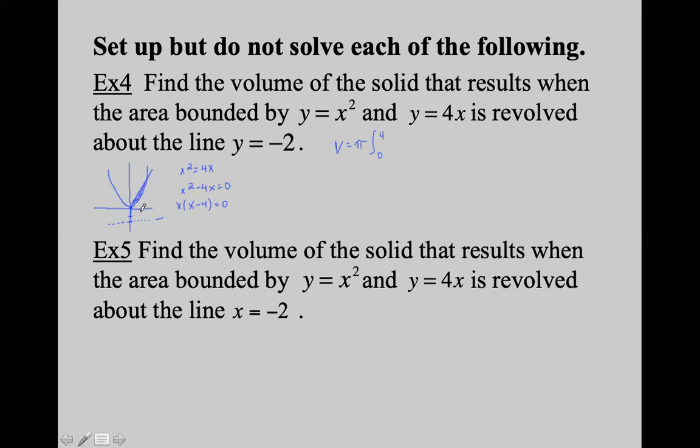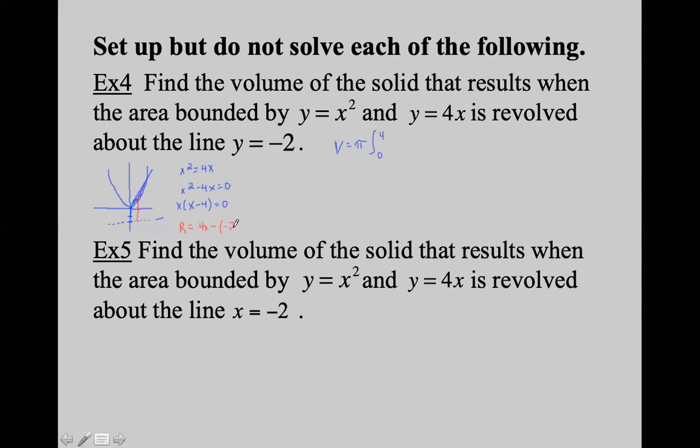All right, well, one thing that's different about this is how far away from this axis of revolution. So if I look, and I'm going to grab my red here, from here to that line, that would be 4x. But I have to go all the way down to here. So one way I like to think about it is the top curve minus this axis of revolution. So I like to think of big R as being 4x minus -2.